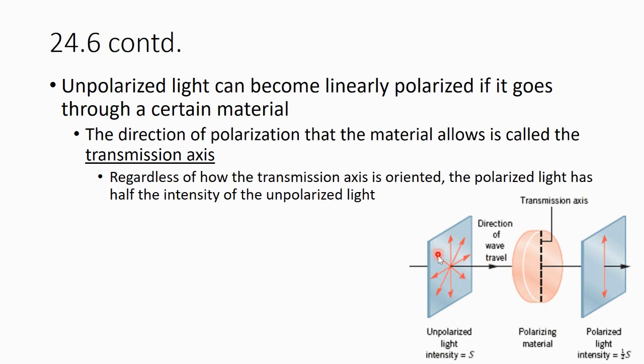So you have your unpolarized light, it goes through the polarizing material, and in the end, you only have light that matches that transmission axis. And what's always going to be true is that when the unpolarized light goes through the first polarizing material, the resulting light has an intensity of 1/2 the original unpolarized light's intensity.